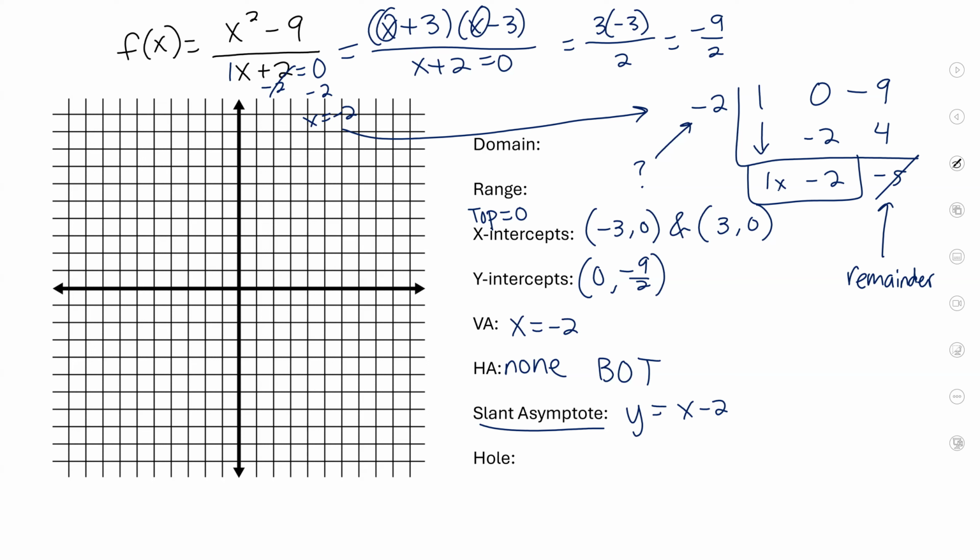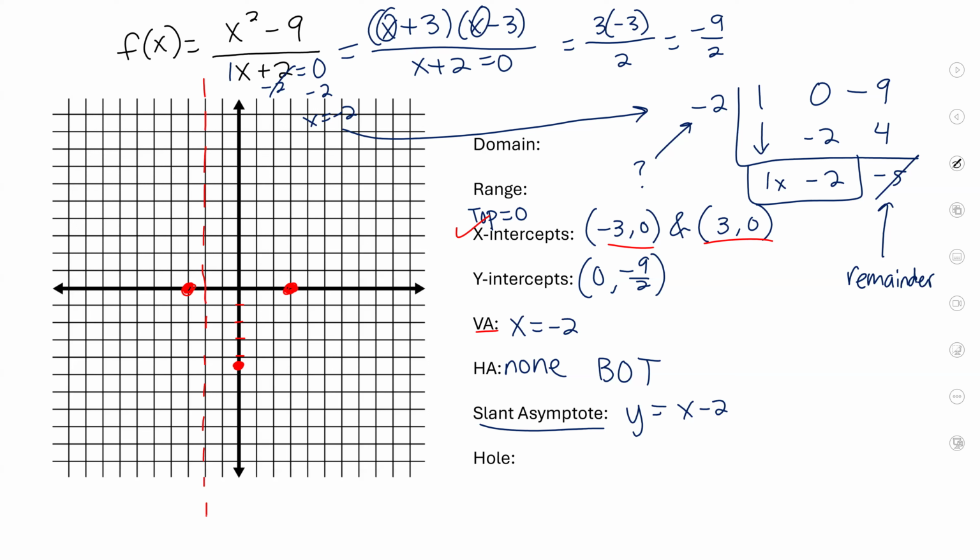So I'll go ahead and graph everything. You have your x-intercepts at negative 3 and 3. Y-intercept at negative 9 halves. That's 1, 2, 3, 4.5 right here. Our vertical asymptote, x equals negative 2. That's right here.